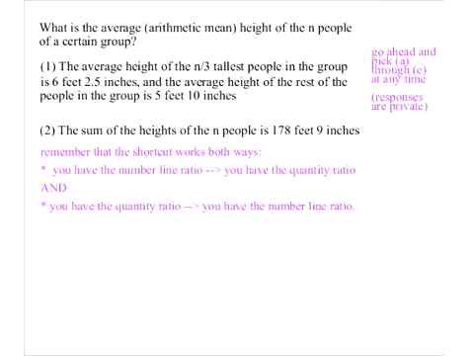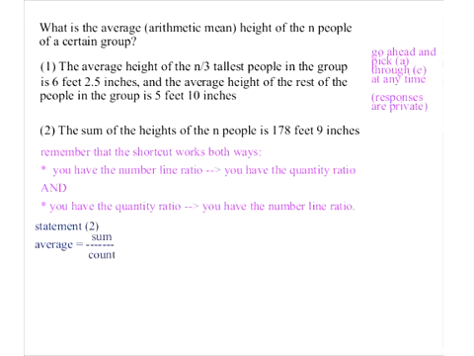Let me just give you a quick summary. Most of you have this, but let's look at statement 2 first, because statement 2 we can dismiss pretty quickly. Average is sum divided by count.